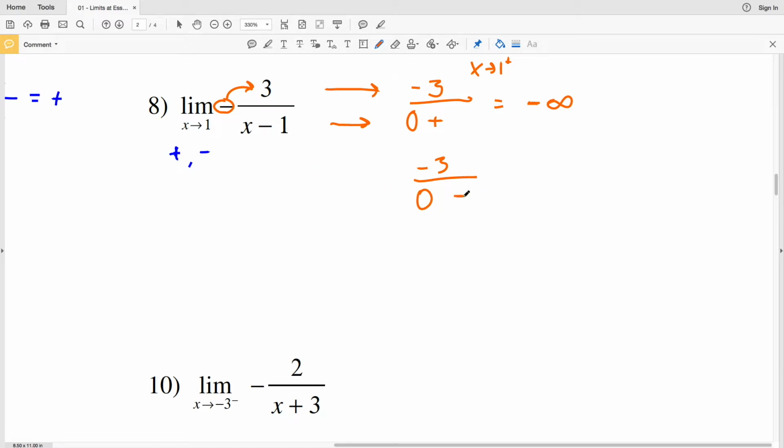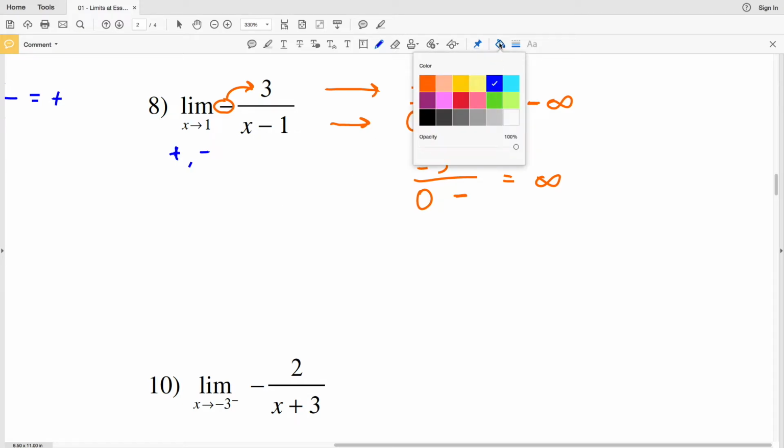So because we have a negative over a negative, that's going to +infinity. And -infinity does not equal +infinity. So because the limit as x approaches 1 from the right does not equal the limit as x approaches 1 from the left, our limit does not exist.